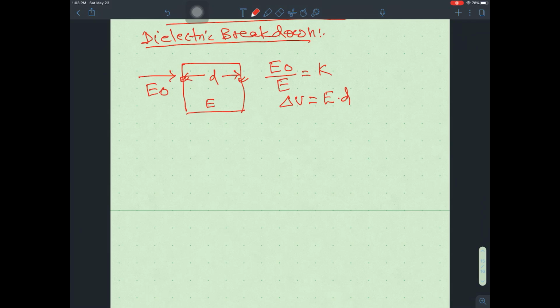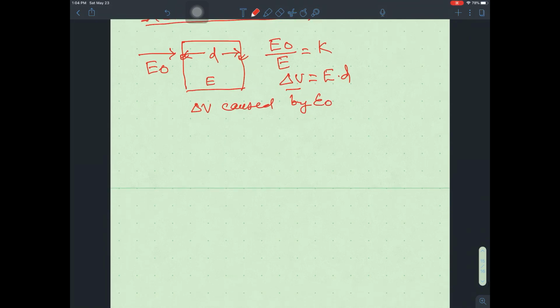Potential is caused by the external field. This delta V is caused by E0, that is the applied field. So dielectric strength is expressed in terms of E0.